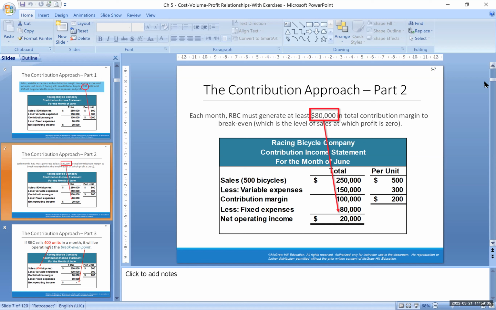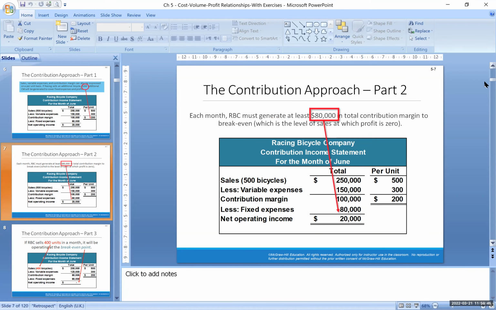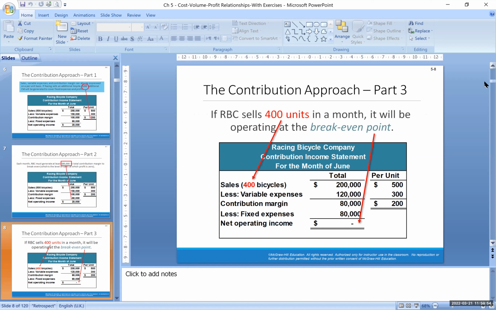So let's see how the company will break even and recognize a net profit of 0. If the company sells 400 units, not as in the previous example where we assumed the company sells 500 bicycles. So suppose that we are talking about 400 bicycles. Let's prepare the income statement again.